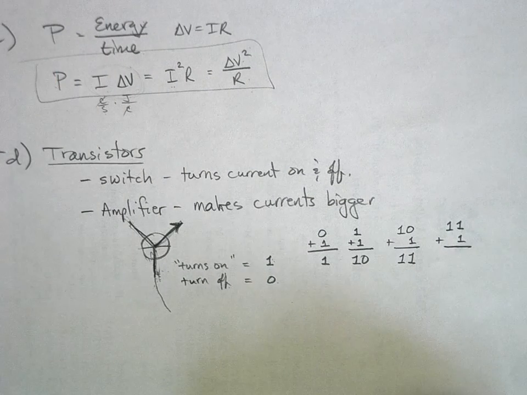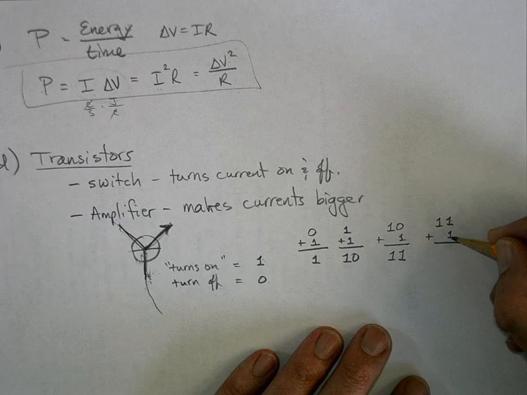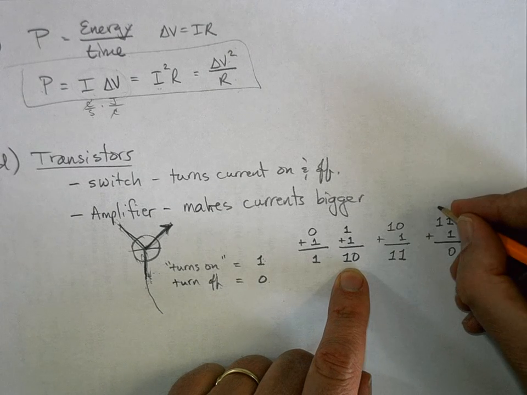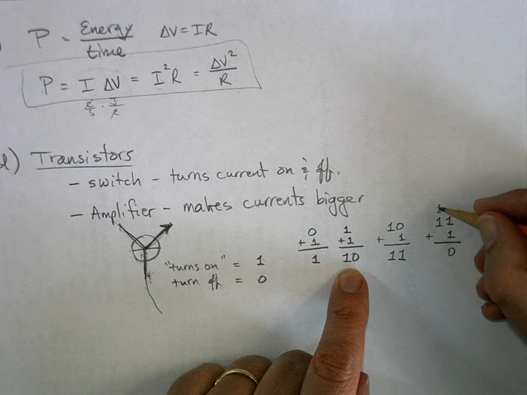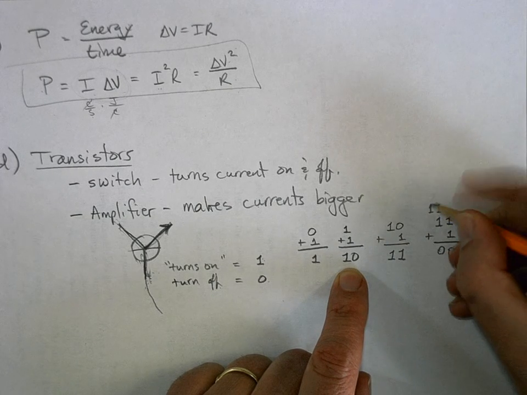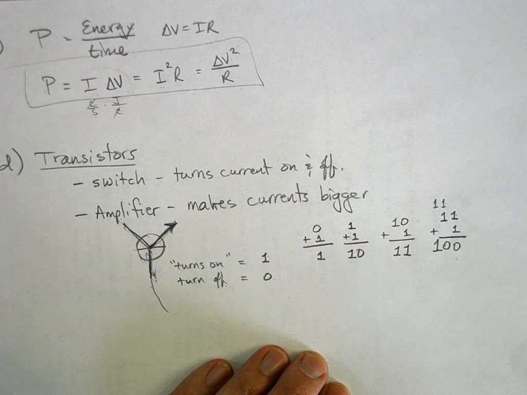But now we have to use binary, and you kind of already know how to carry a 1, right? Well, what's 1 plus 1? 1 plus 1 is 10. Well, it's really 2, but we can call it 10. So carry that. Then what's 1 plus 1? And then what's 1 plus 0? That's a 4. 4 looks like 100.